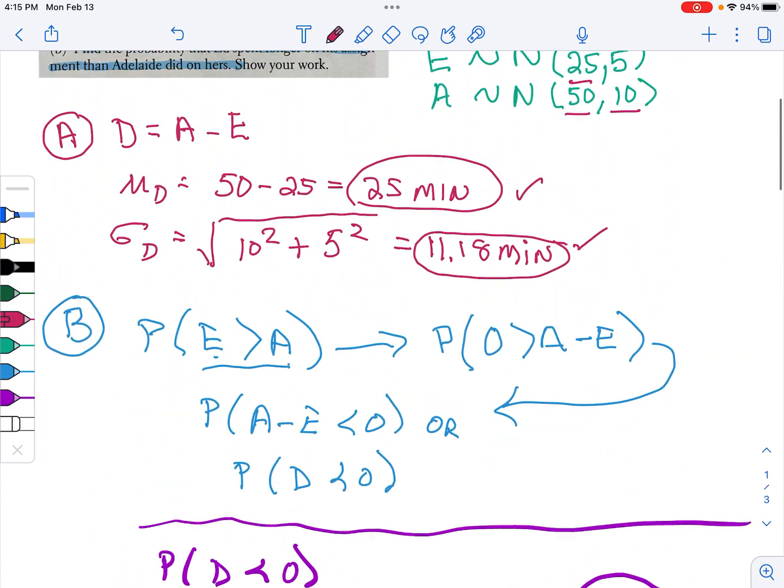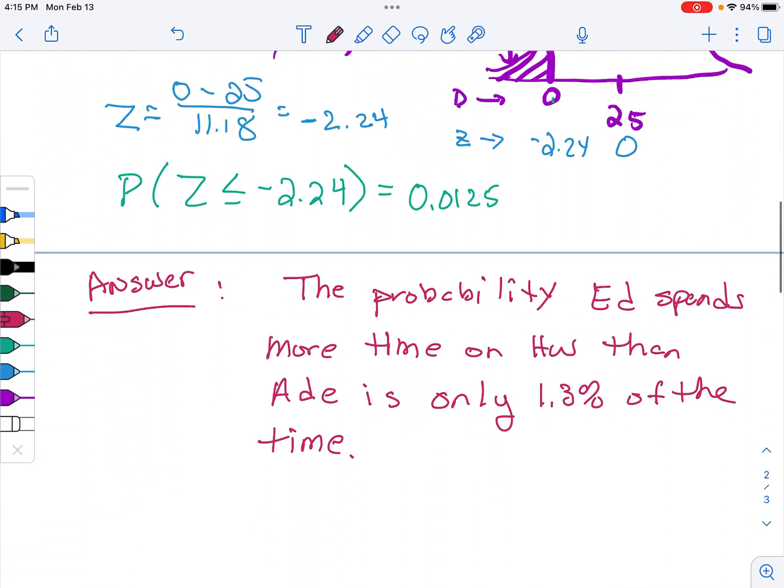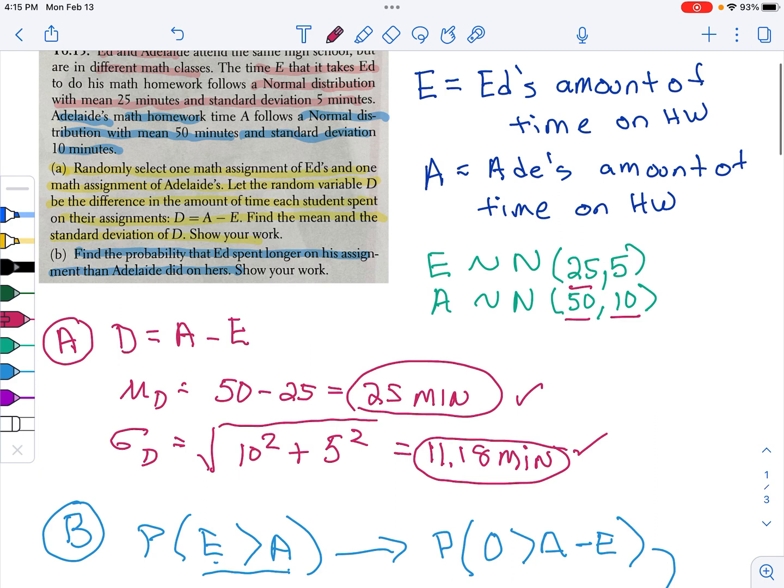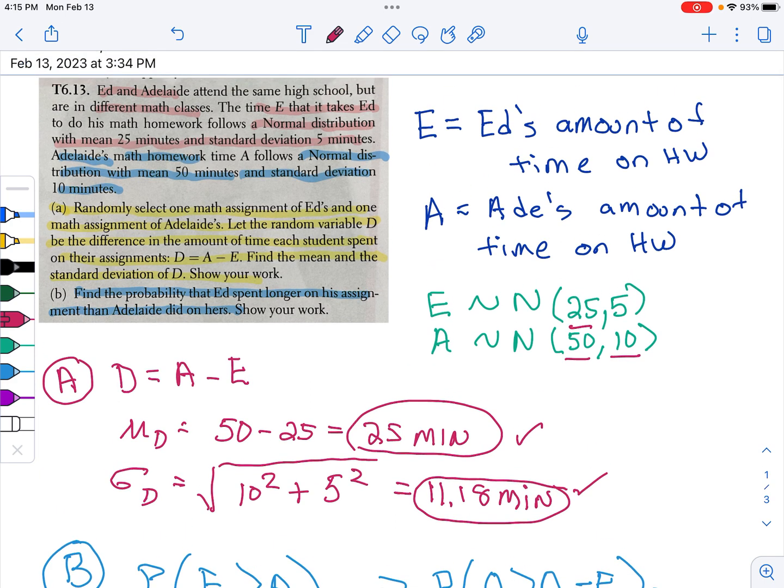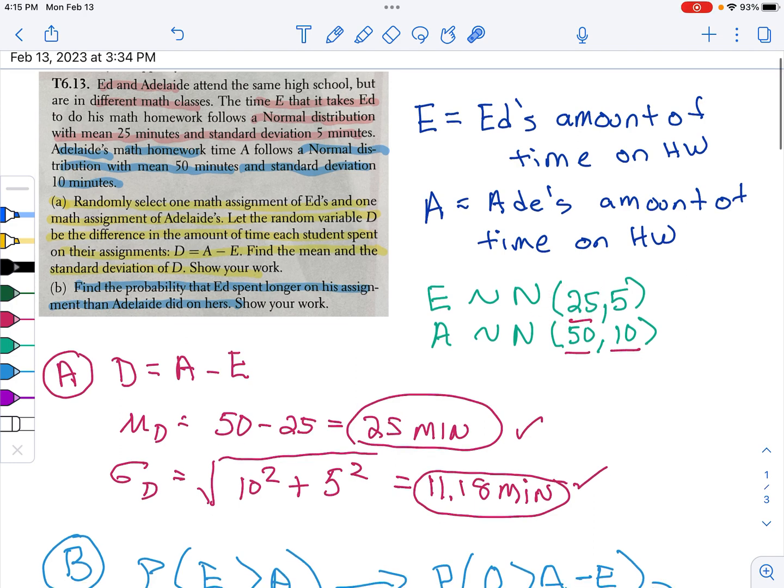And that makes sense because Addie spends about 50 minutes on her homework and Ed only spends about 25.